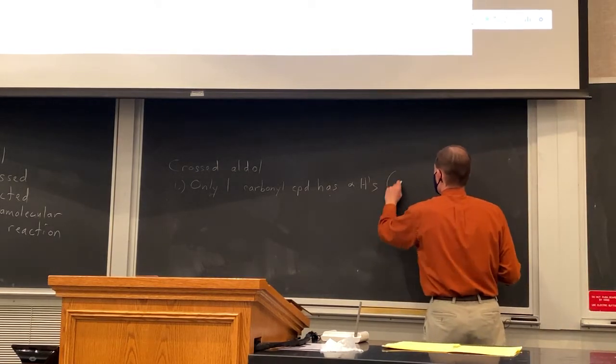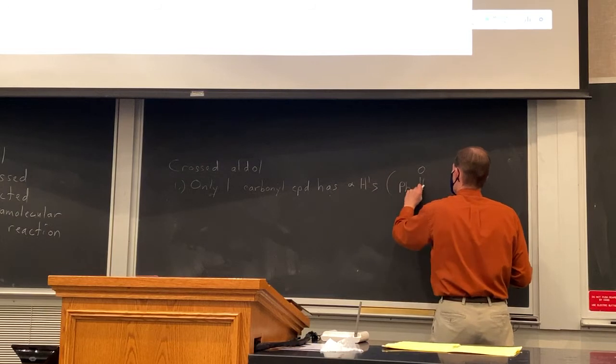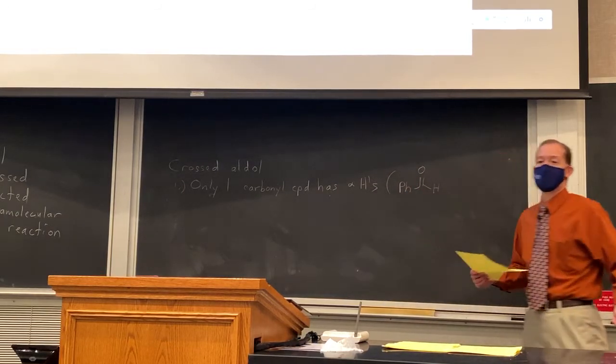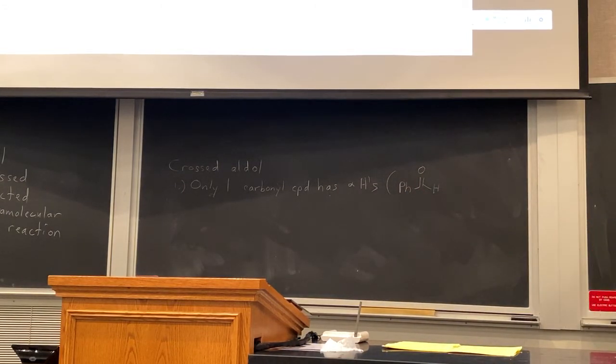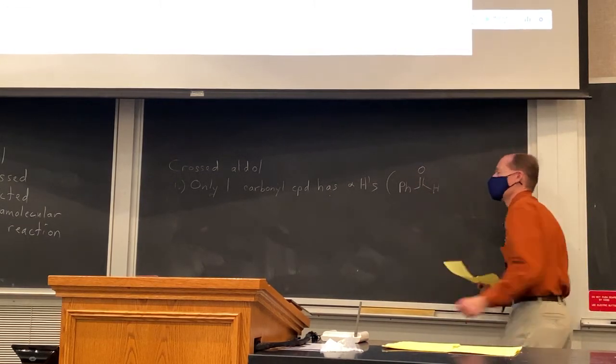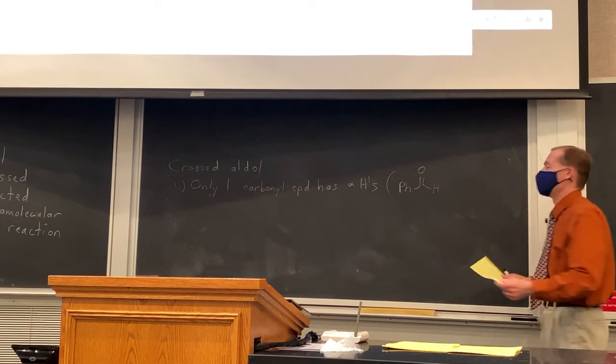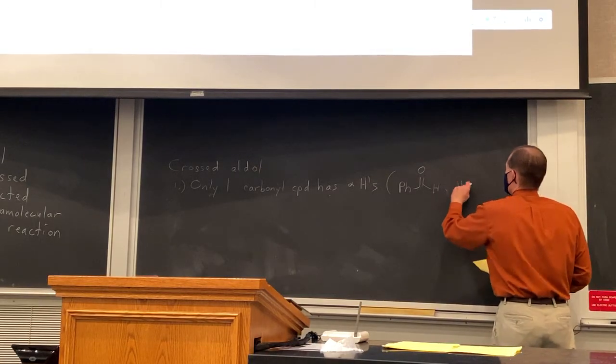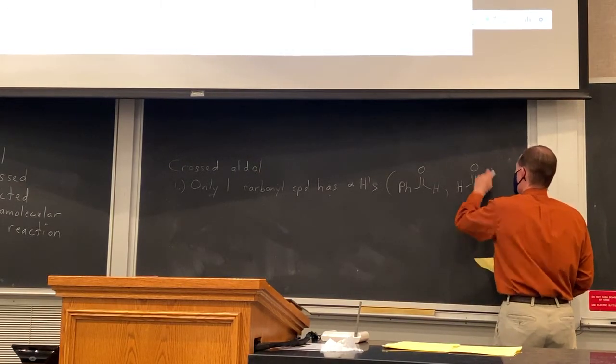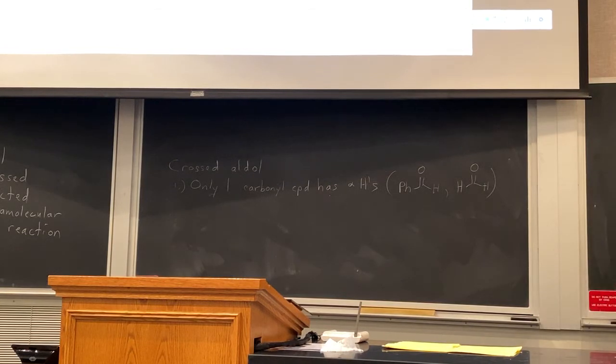I'll show you a couple of examples. Benzaldehyde. Are there any alpha hydrogens in benzaldehyde? Okay, there are not. The carbon attached to the carbonyl does not have any hydrogens attached.